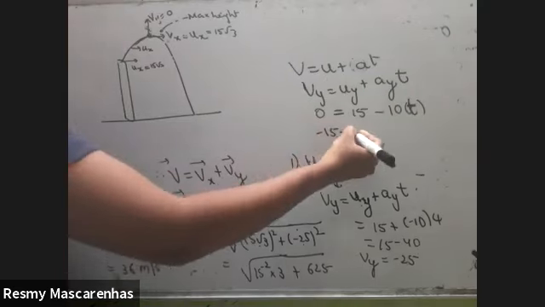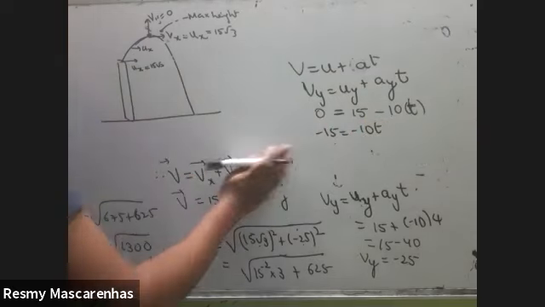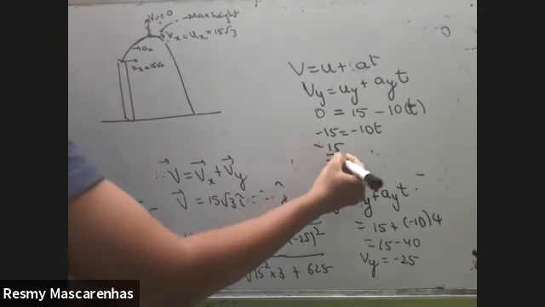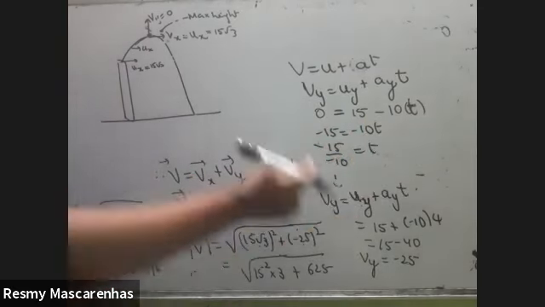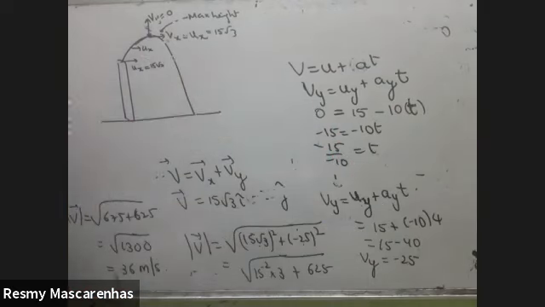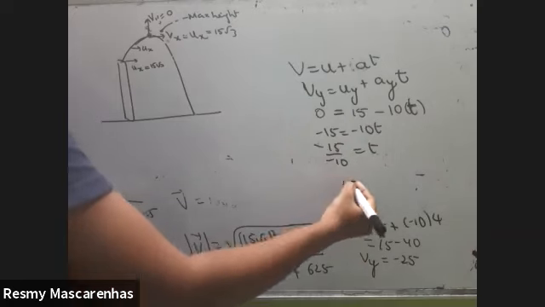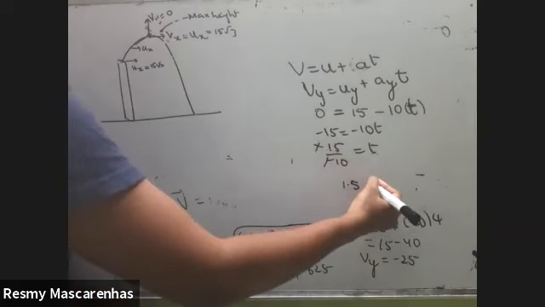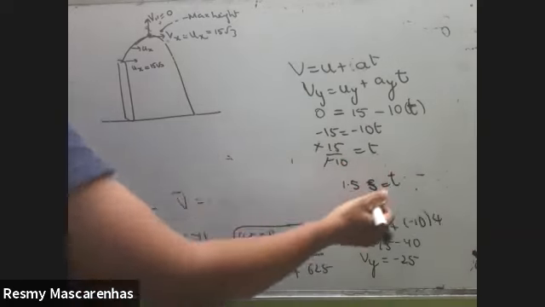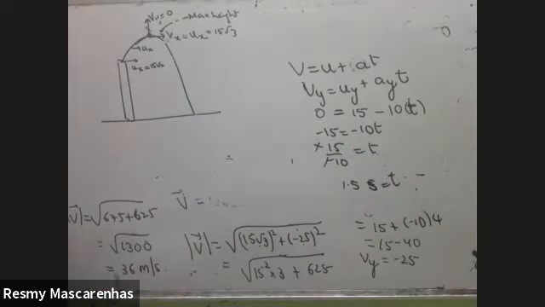Minus 15. So, 3 by 2 it will be, this is 1.5. So, time is 1.5 seconds to reach maximum height.